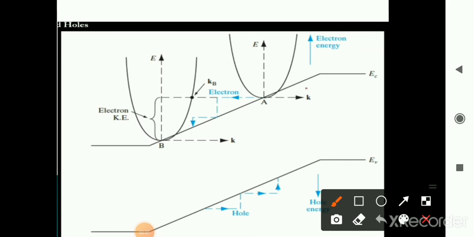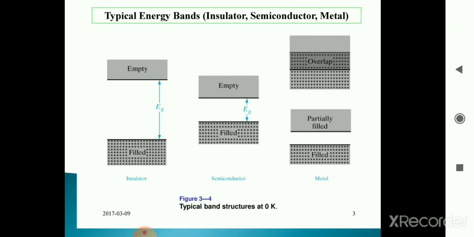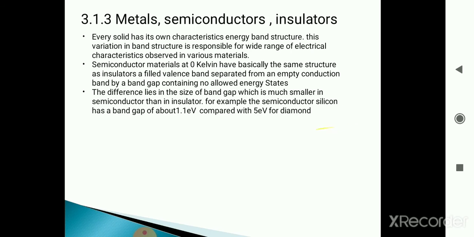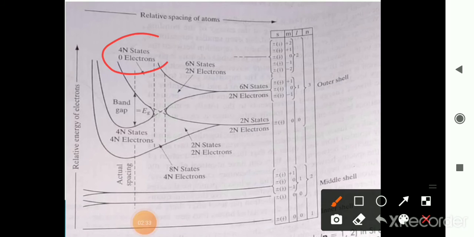Now when we give the electric field, the valence band and conduction band will be in the form of a slope. So these are the electrons at point A and at point B. We know in the case of energy bands, in that graph, if you refer, 4n states are available but electrons are 0, and here 4n states and 4n electrons at 0 Kelvin.